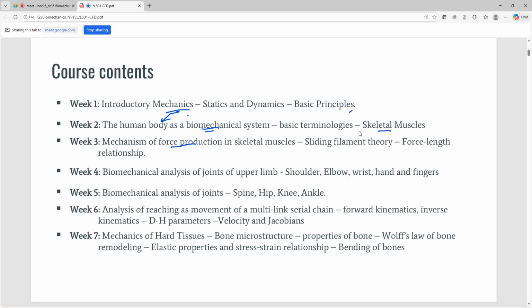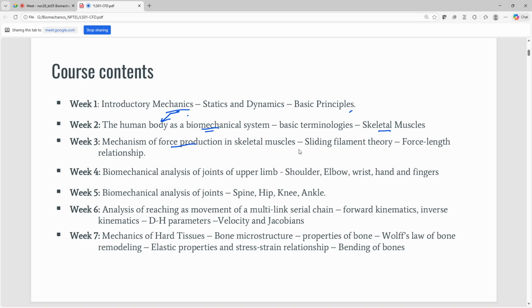So the muscles that give shape or rigidity to the body are called skeletal muscles, and how force is produced in them. When particular ions and chemicals reach our muscles, how is it converted to force?